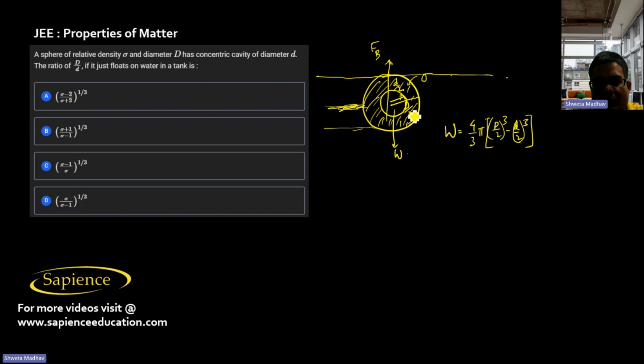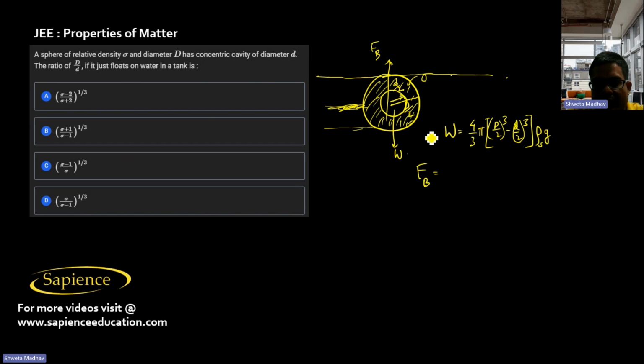Since this is the solid part, the volume of the solid part, volume into the density sigma into g, and that should be equal to the buoyancy force. Here actually instead of sigma I can say the density of the sphere, rho s suppose, into g.